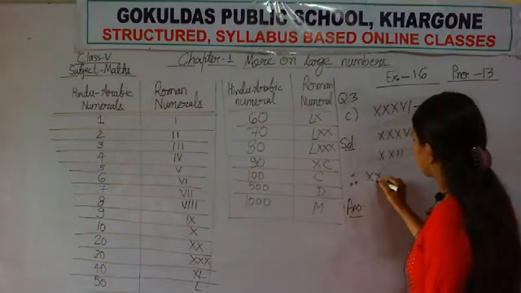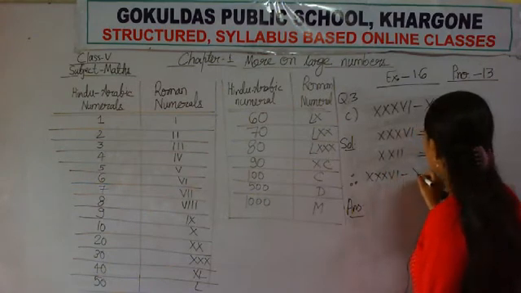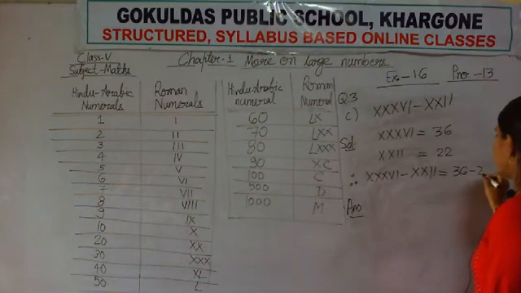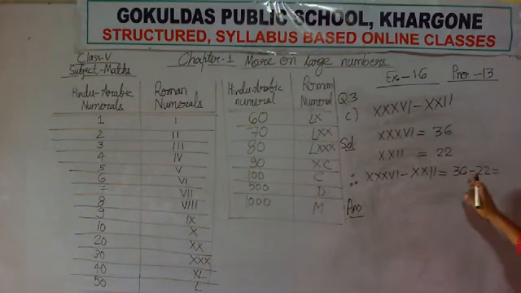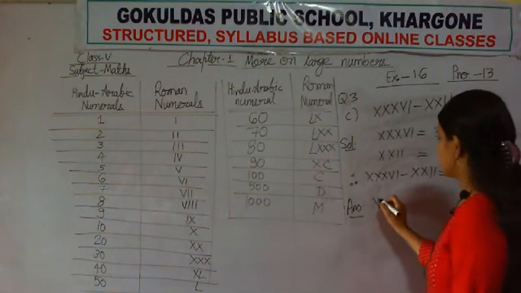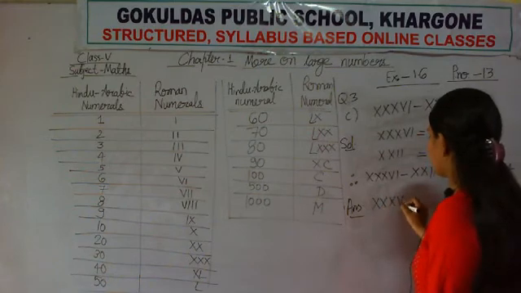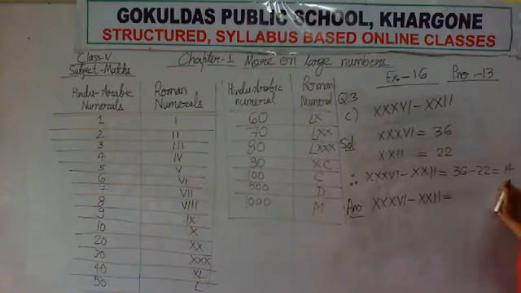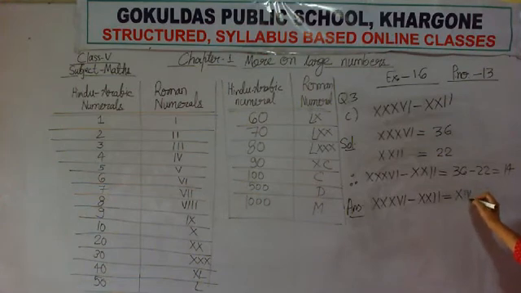Therefore XXXVI minus XXII equals 36 minus 22. When you subtract 22 from 36, you get 14. Answer: XXXVI minus XXII equals, can you write the Roman numeral for 14? Yes, X for 10 and IV for 4.